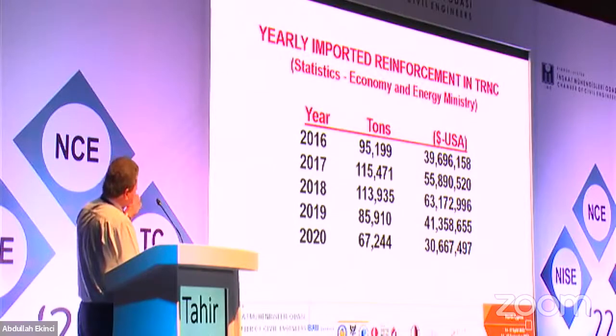Now, I got this data from the Economic and Energy Ministry. Roughly, the reinforcement imported to this country, I don't know, in 2021 they couldn't produce it yet, I asked them, but roughly around 100,000 tons of reinforcement we use in this country.